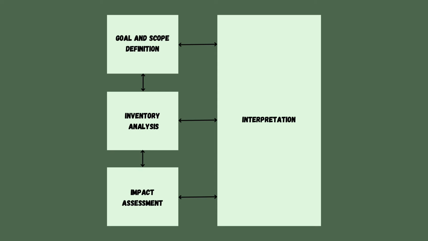The inventory analysis involves going through each stage of the life cycle, meticulously making a list of every item that we've got to account for, every piece of activity that could be responsible for carbon emissions. We need to make sure that we note them down.